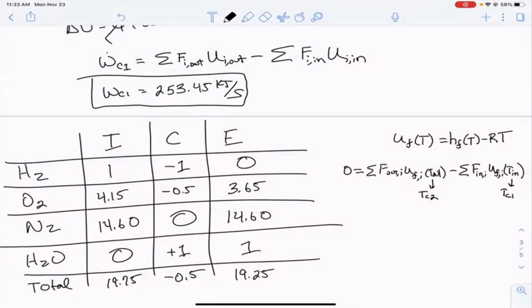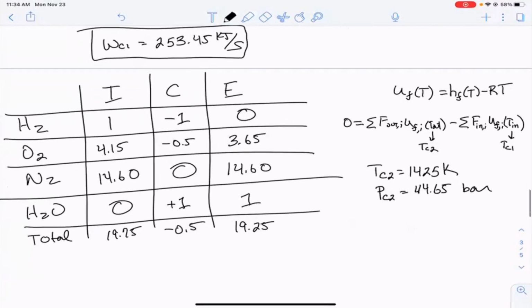And so if we do that, we find that TC2 leaving the combustor is equal to 1425 Kelvin. And we also could calculate the pressure, because we know the specific volume, we know the final temperature, and we know the final number of moles. And so the pressure there is 44.65 bar.